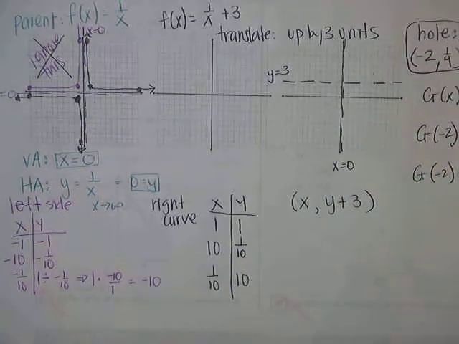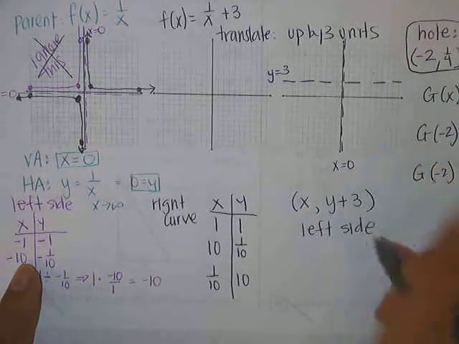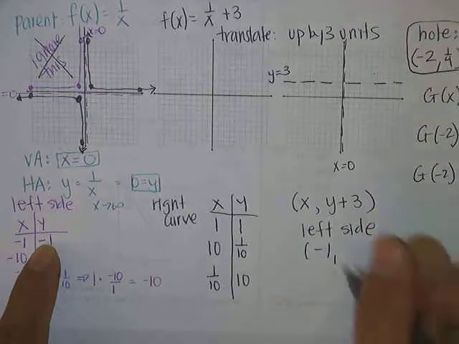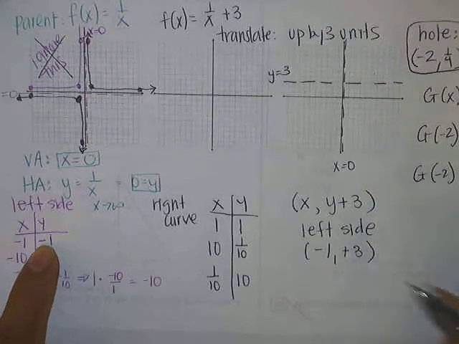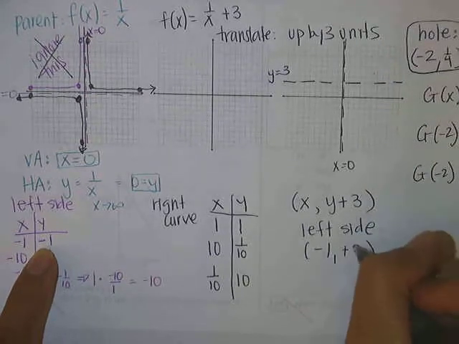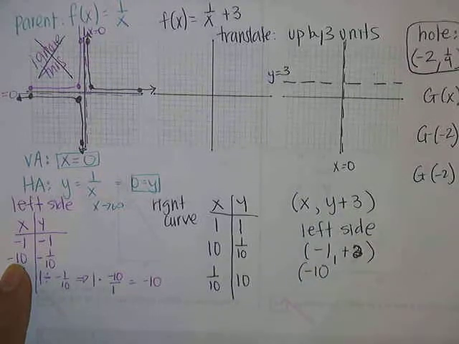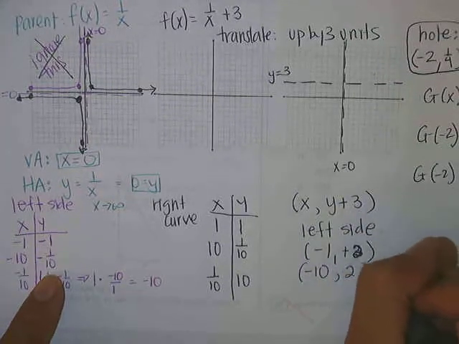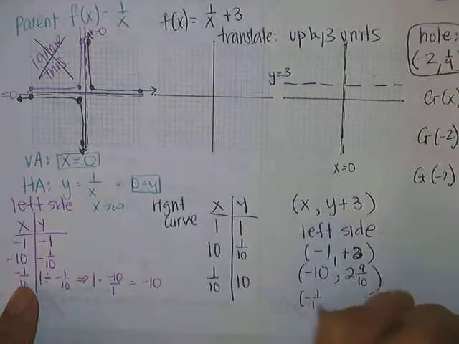So my vertical asymptote, graph that out, label that in, is not going to change by my translation of 3 units up. But my horizontal asymptote, I do have to move it up by 3 units, okay? So here you go, label it out, y equals 3. Now my points, the x values will stay exactly the same, but my y value, I'm just going to go and add 3 to it.